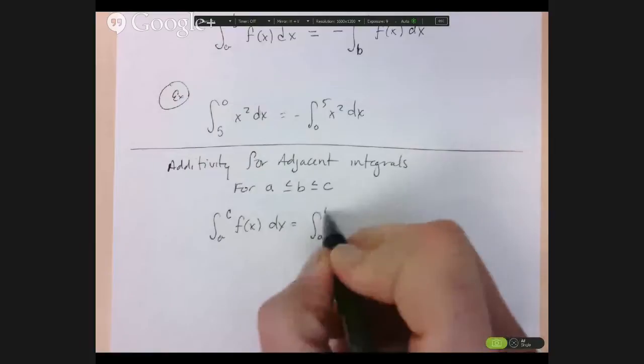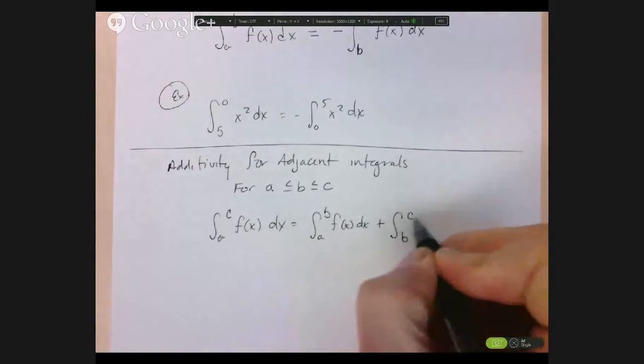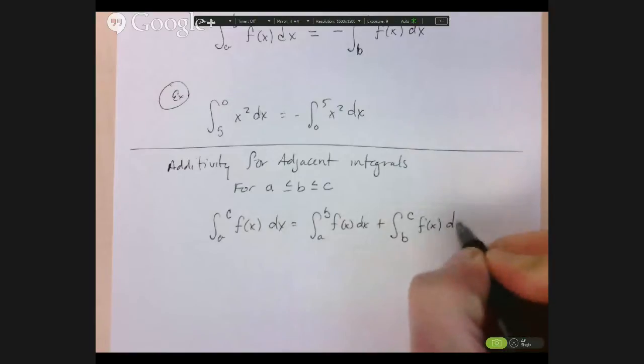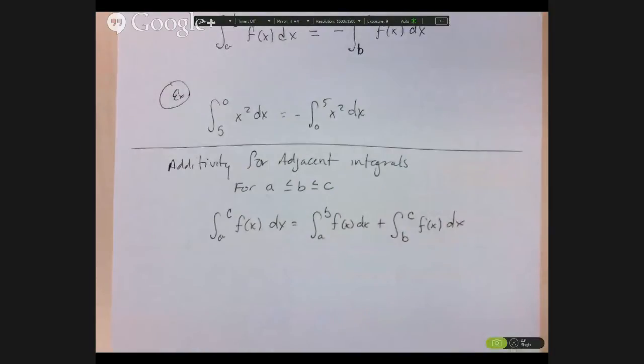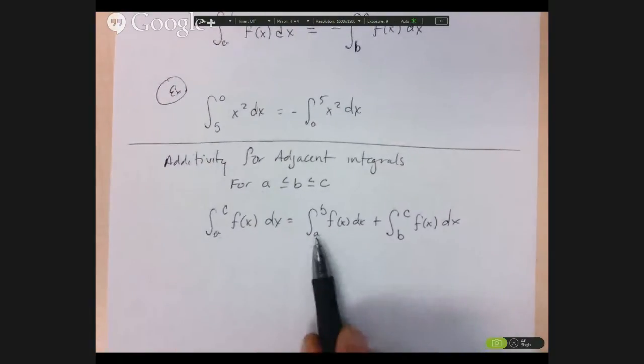We can do the integral from A to B plus the integral from B to C. So this is A to C, A to B, B to C.